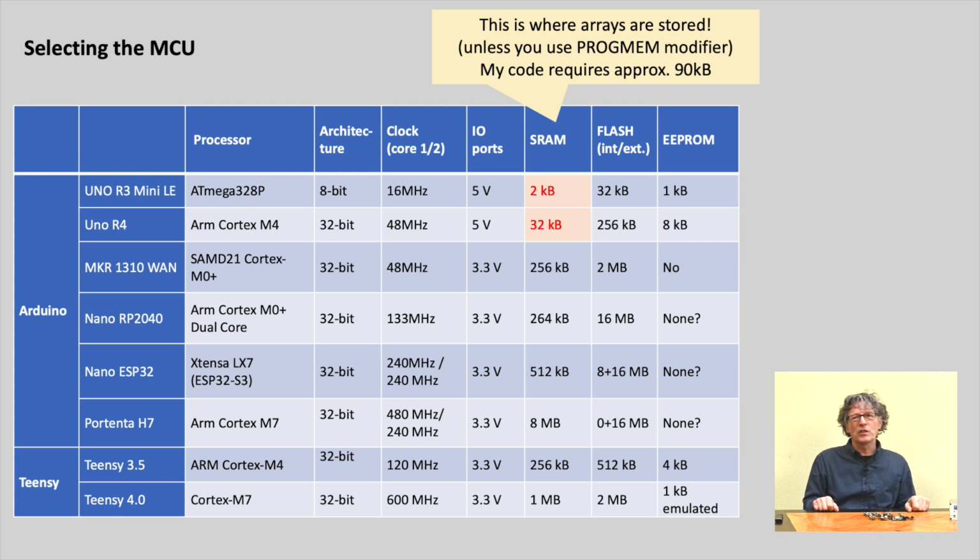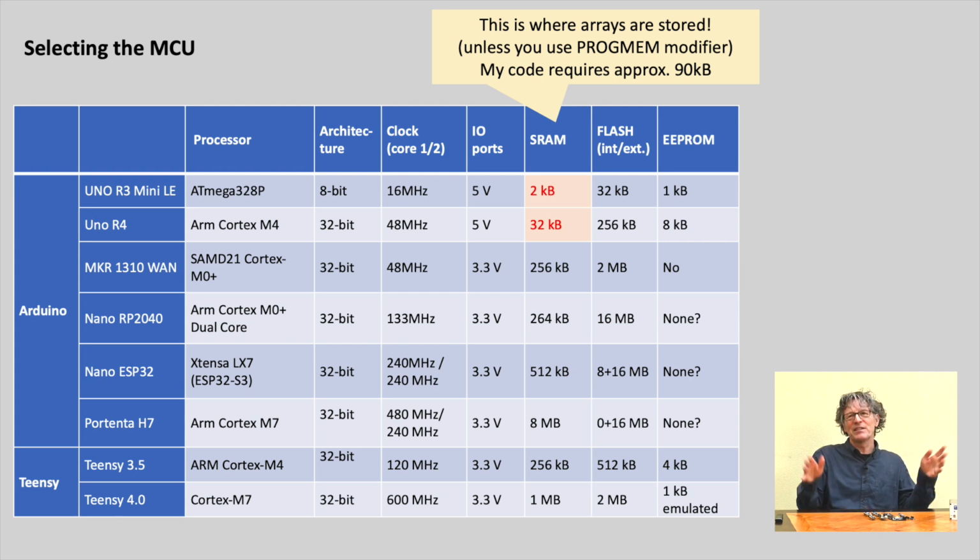Now you could try to store that somewhere else. There are some options like the PROGMEM identifier that allows you to change the memory, or to use, I think, the flash memory in order to store arrays. But I couldn't get that working properly, and then I started to read various posts on it, and then the official Arduino web pages, and they actually explain themselves that this is not totally reliable and does not always work.